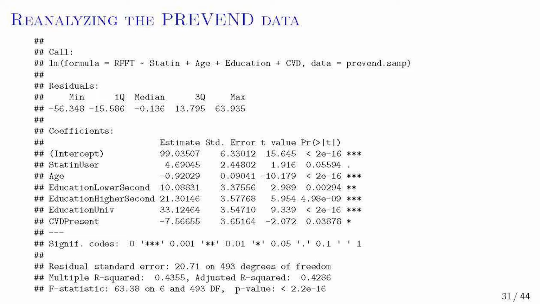We have the results here. Let's start with statin user. The estimate is 4.69. That would mean that the respondent being a statin user would indicate that we should expect a score 4.69 points higher than non-statin users.